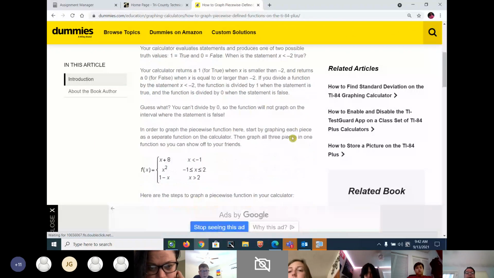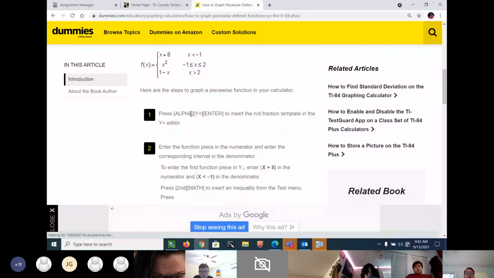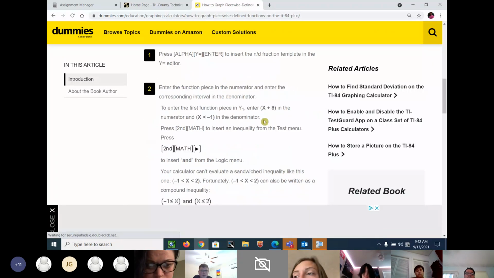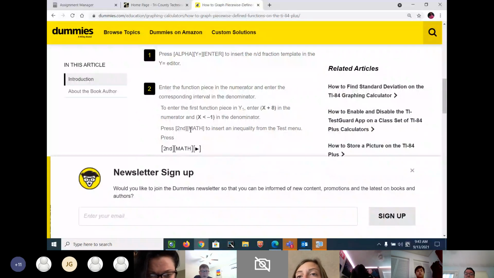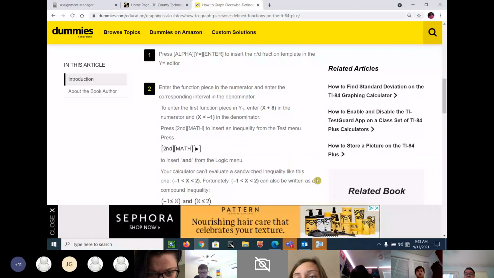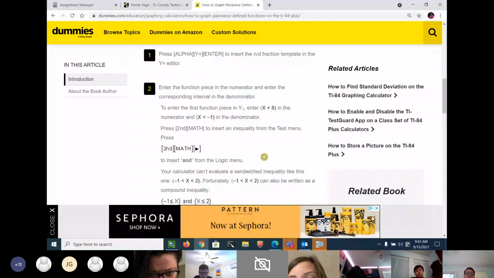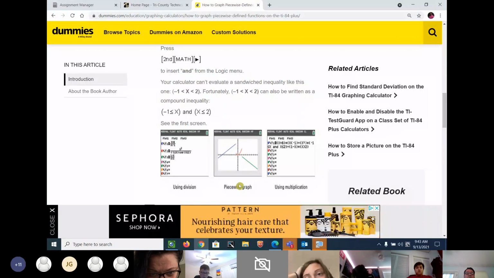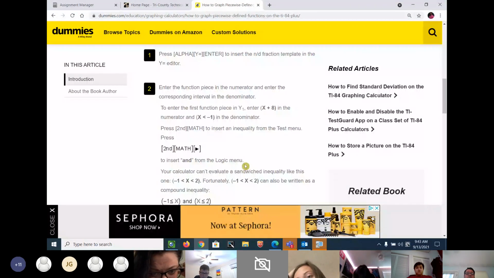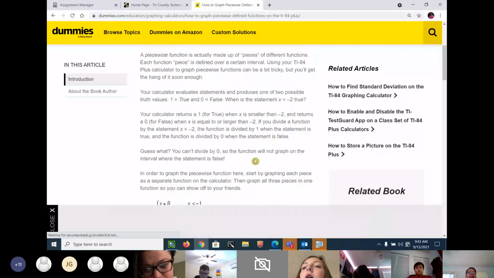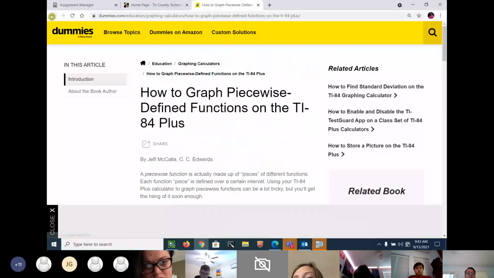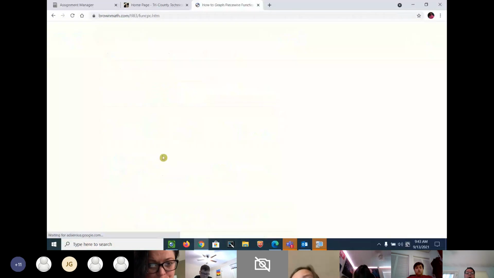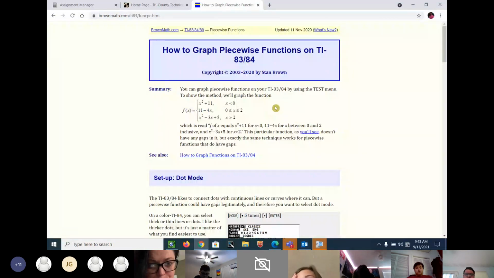Let's see. Alpha Y, enter. Second math. That's not helping us any. That's a piecewise.